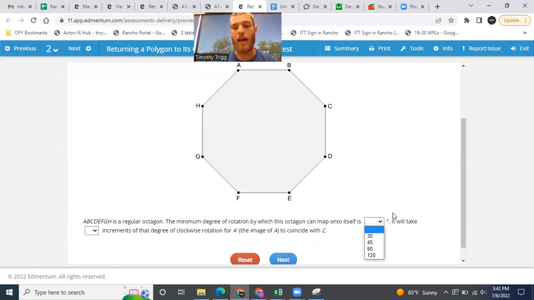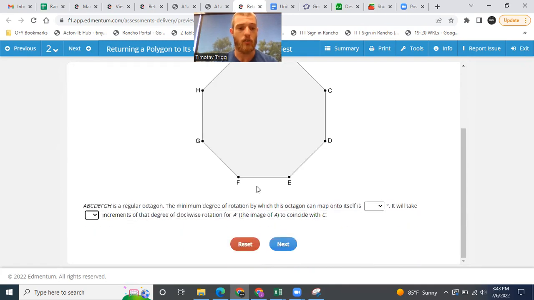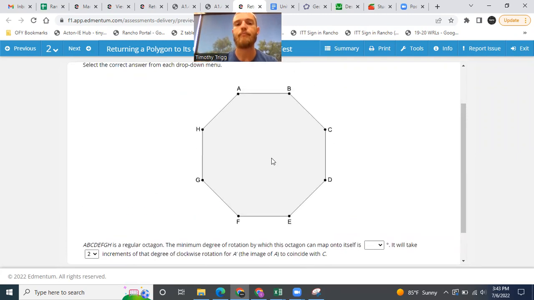Whatever that is, that'll tell you the angle, the first angle that rotates onto itself. It will take blank increments of that degree clockwise rotation for A prime, the image of A, to coincide with C. So going clockwise, going from A to C, you're going to have to do 2 rotations there.